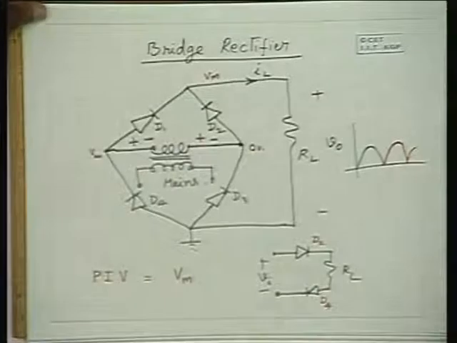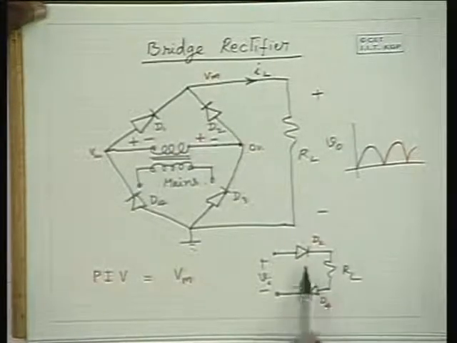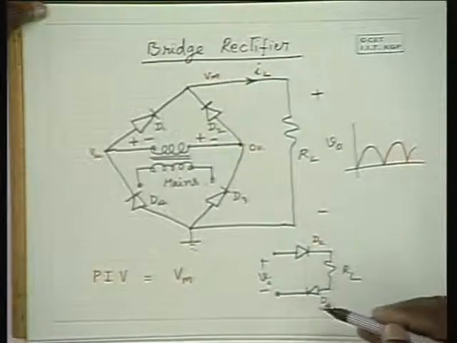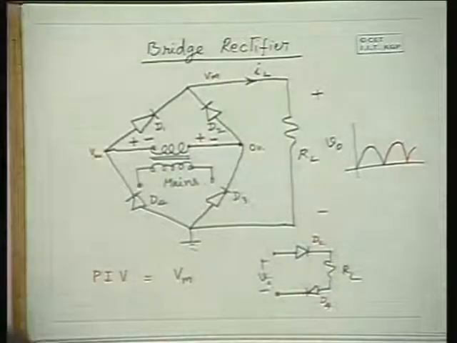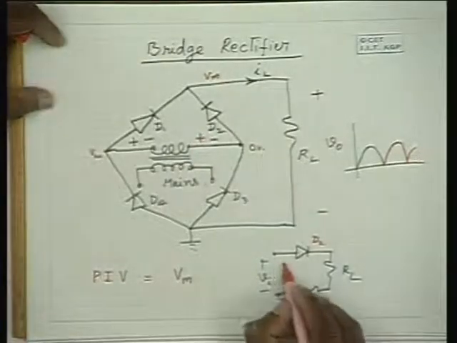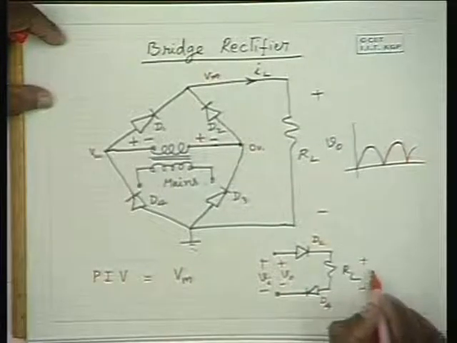Well, when you apply it to the bridge rectifier circuit, please note that you have two diodes coming in series, and as a result you have to consider two diode drops. Hence, if the peak value here is V0 on the input side, what is the peak value on the output side?